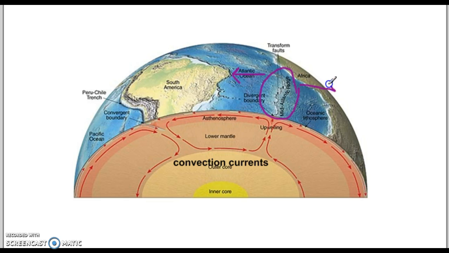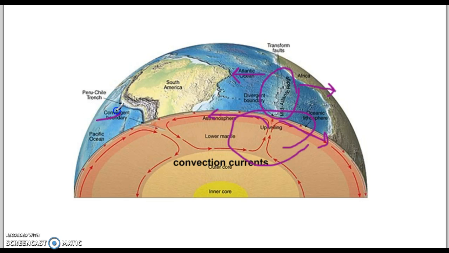So these plates are moving away from each other, and I want you to look at how that compares to the arrows down here in the convection current. This one is moving this way, and this one is moving this way. So there's some similarity there in terms of the direction of the convection currents and the direction the plates are moving in.